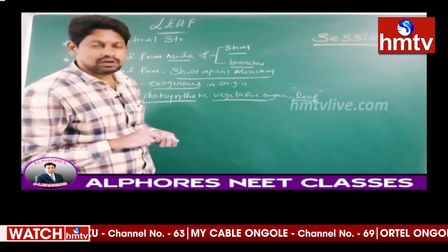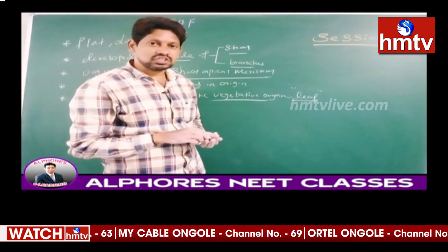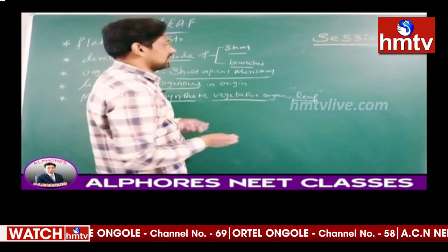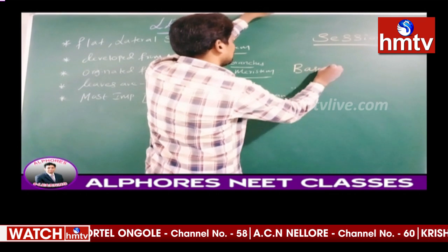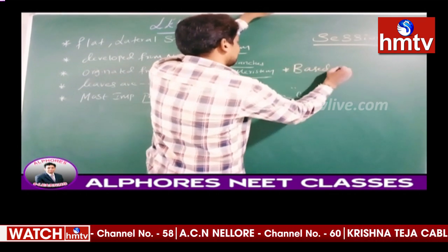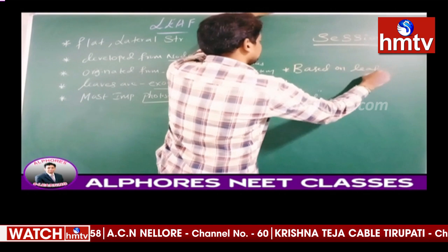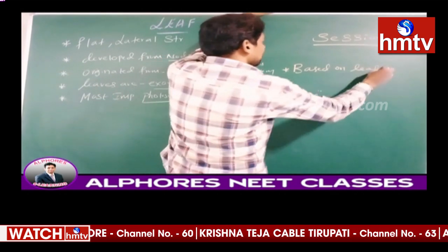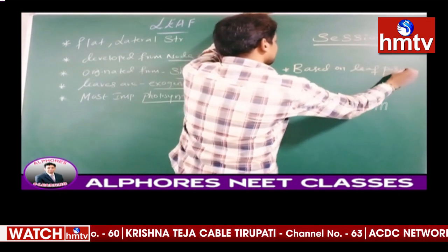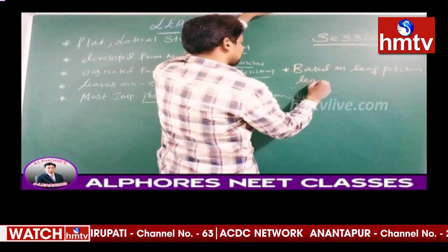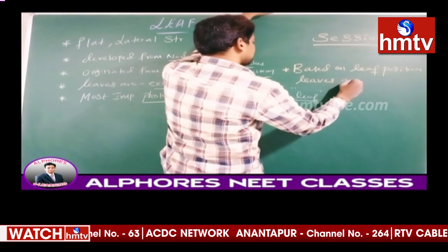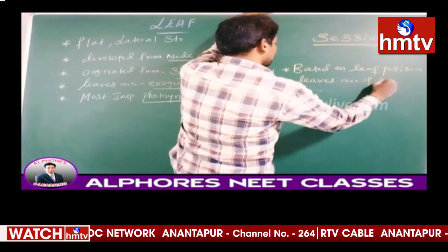Based on position, leaves are of three types. Based on what? Position. Based on leaf position, it means where the leaf is present. Leaves are of how many types?